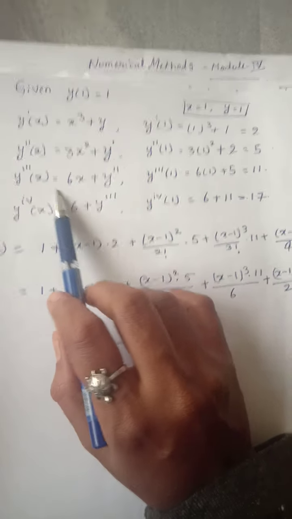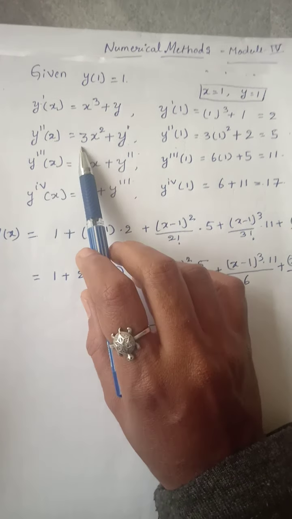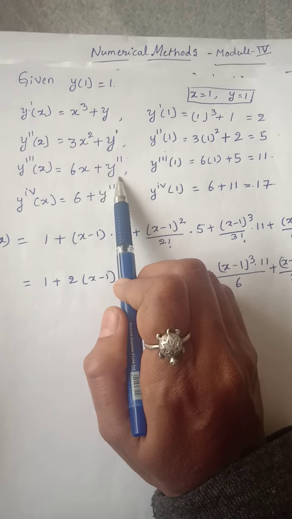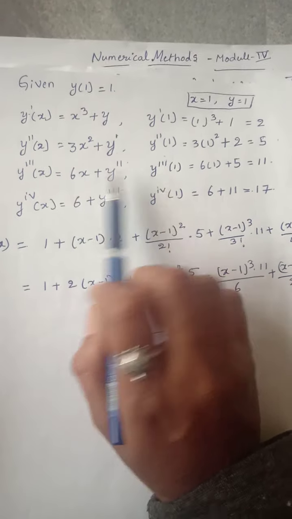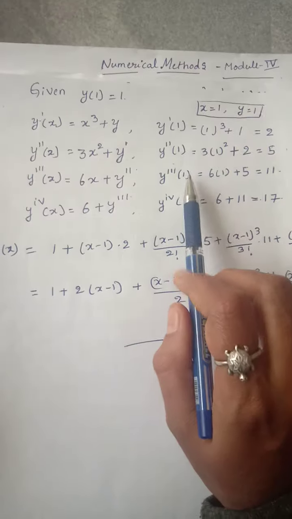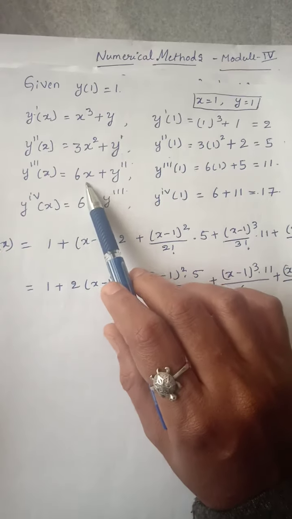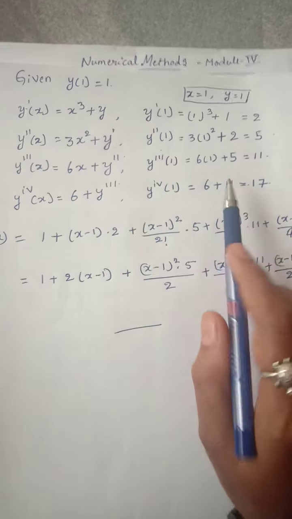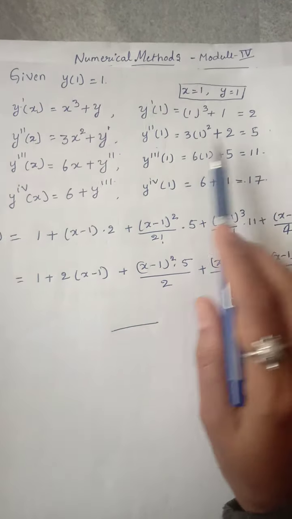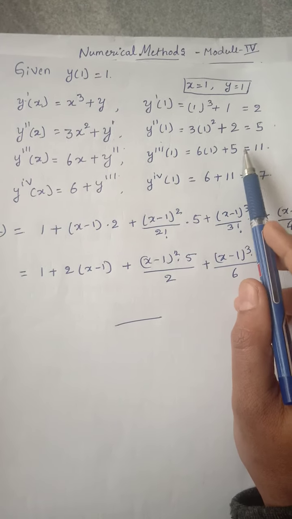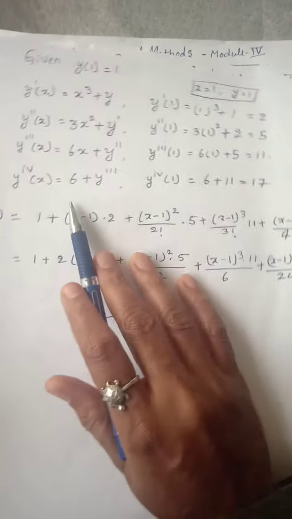Again third time differentiation, y triple dash of x, that is differentiation of 3x square is 6x, plus y dash becomes y double dash. So simultaneously we have to find the value. After differentiation, find y triple dash of 1, that is 6 into x place you have to substitute 1, and y double dash of 1, we just now found it, so you have to substitute that value, that is 6 plus 5, 11.